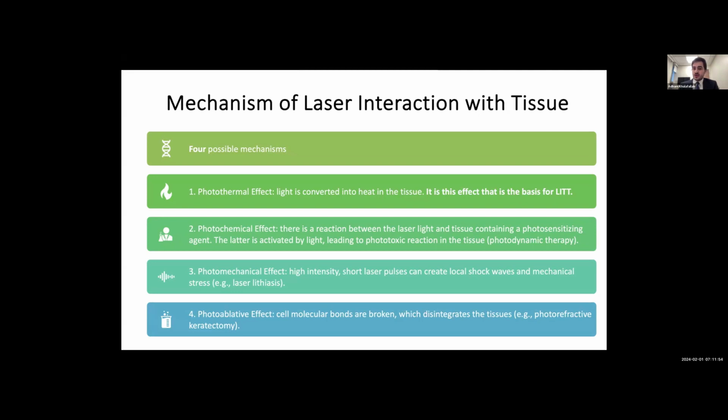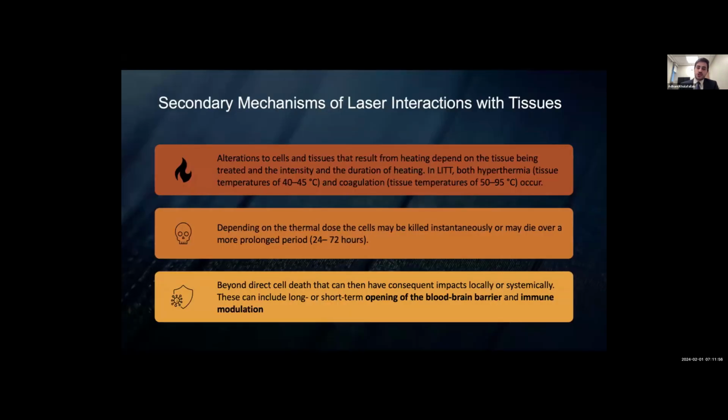There are also secondary mechanisms that come with LIT. Changing the temperature of the cells and tissue, whether through hyperthermia or coagulation, occurs. And depending on the thermal dose that you apply, the cell would either be dead instantaneously, or it will die over a few hours, between 24 to 72 hours.